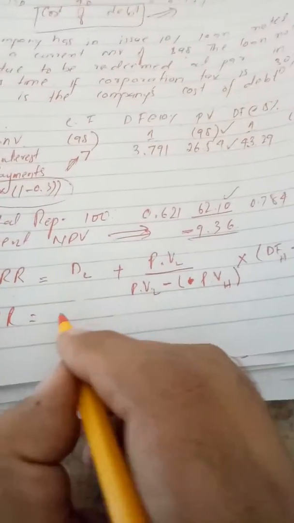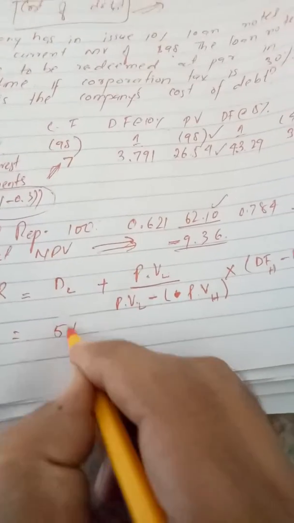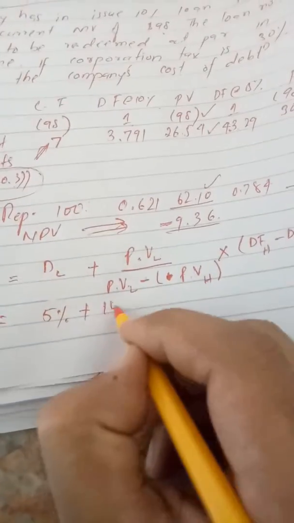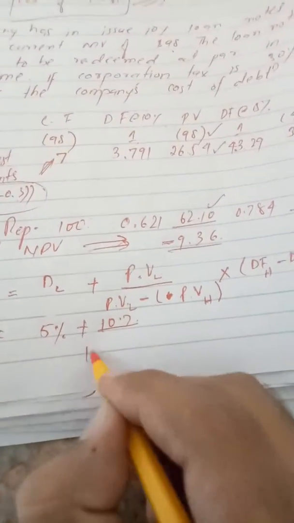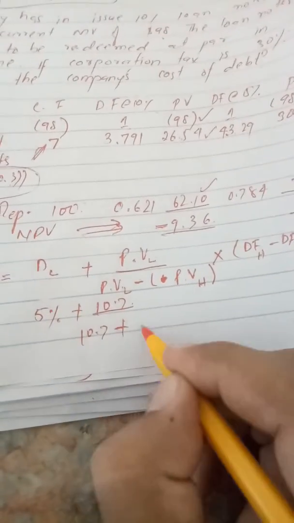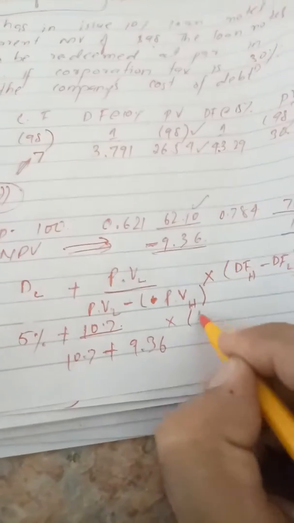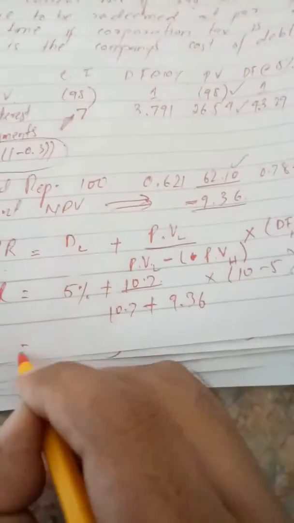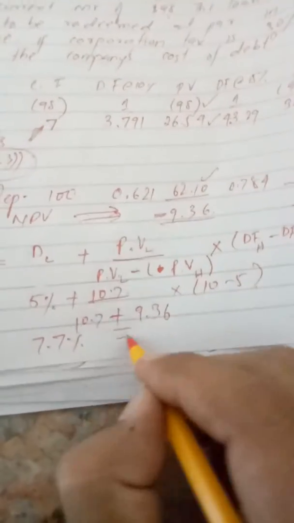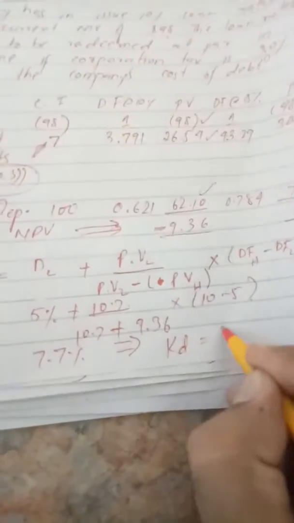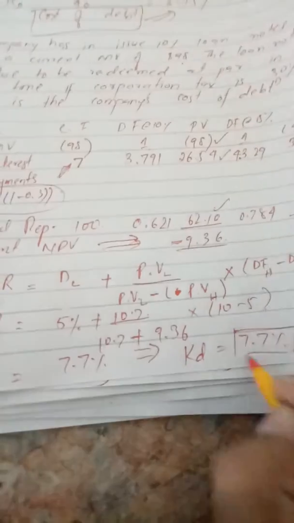So that would be 5% plus 10.7 divided by (10.7 plus 9.36), multiplied by (10 minus 5), so that would be 7.7%. So Kd, which is the cost of debt, would be 7.7%.